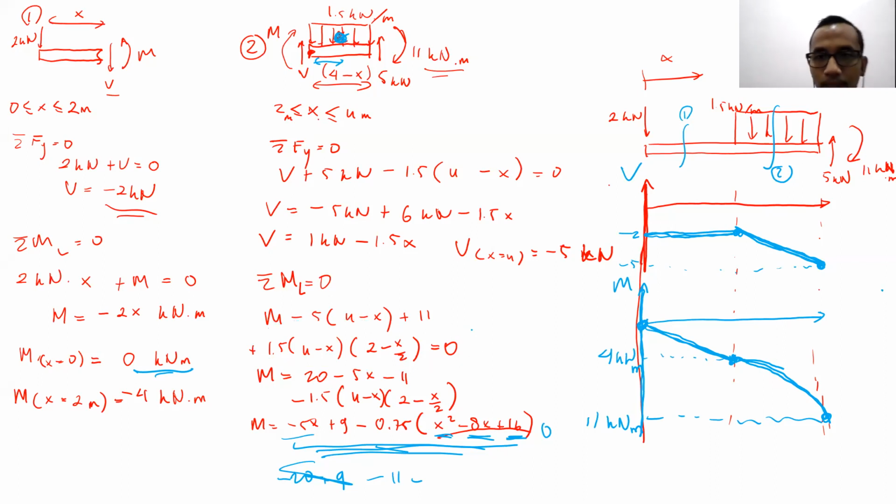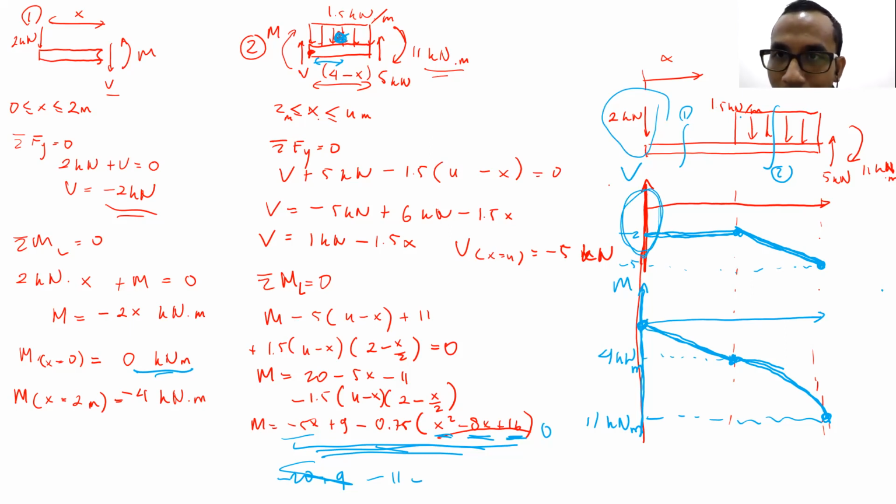But before that, I will highlight another jump here. As in my previous explanation, there is a 2 kilonewton concentrated load there. On the left edge, you can see that in the shear force, there is a straight jump from 0 to -2 kilonewton. The same thing does not happen at the edge of the distributed load.